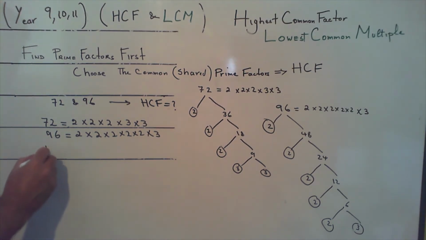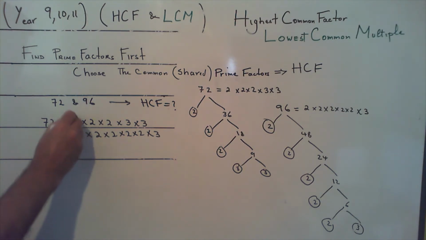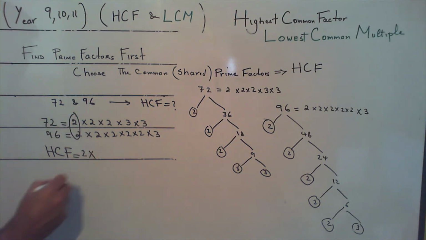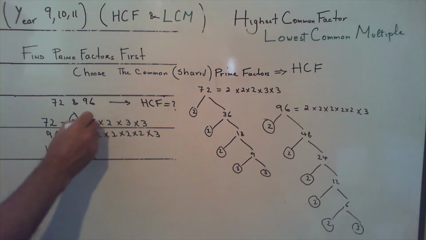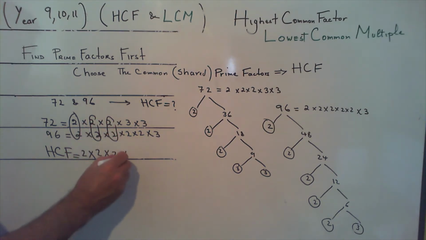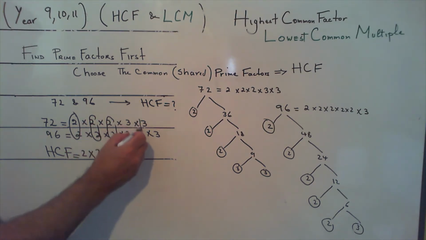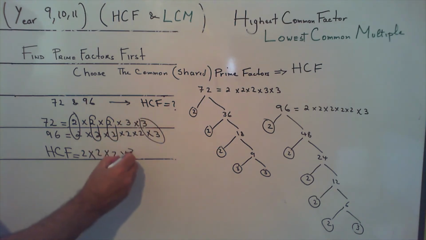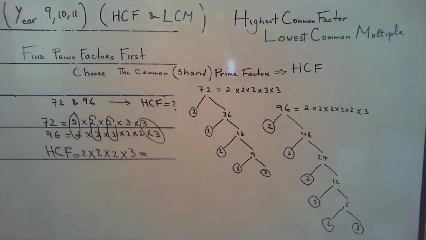So I'm going to write my HCF. The 2 is one. Of course, it's still multiplication. These 2 are common as well. Another 2 is common, right? And there are no more 2's common, but there is one 3 which is common.